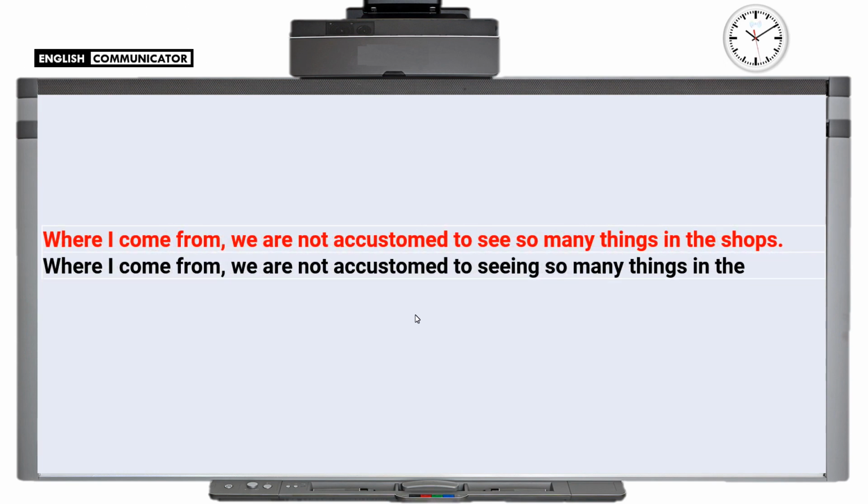Next sentence: "Where I come from, we are not accustomed to see many things in the shops." What's the right sentence? Where I come from, we are not accustomed to seeing so many things in the shop, or in the room or somewhere else. The difference is "to seeing."